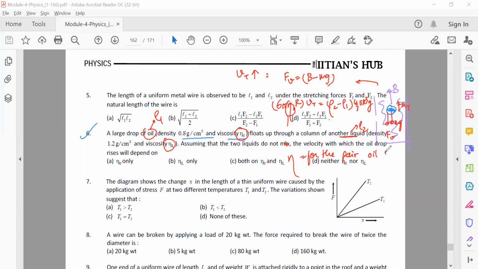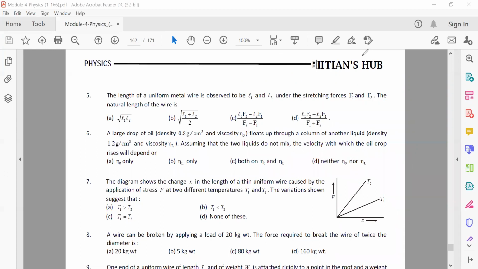That is, it depends on the coefficient of viscosity of the oil and of the other liquid. That's why it depends on both of these, and it depends on the radius also. But that is also clear, Nikita. So it was just a bit of a conceptual question.